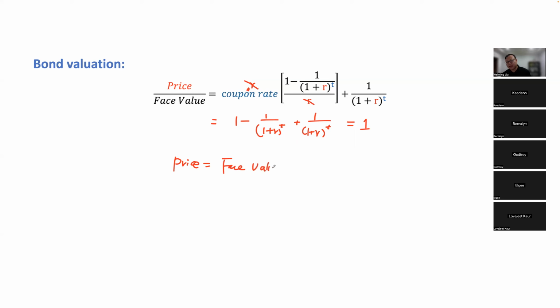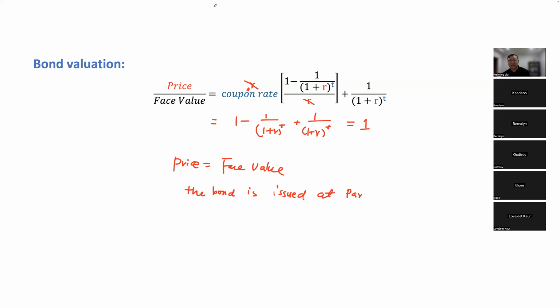So we are saying that the bond is issued at par. This means that the price you are paying is equal to the face value.